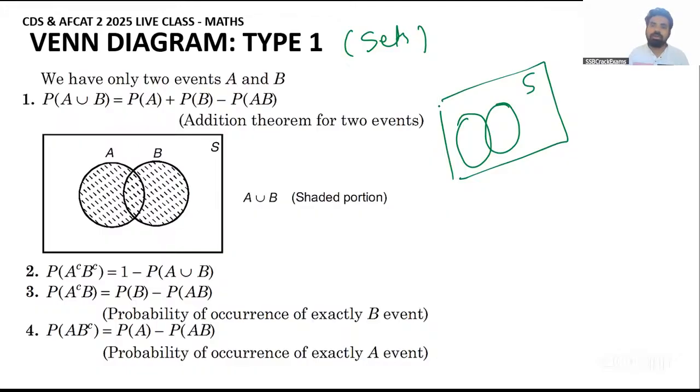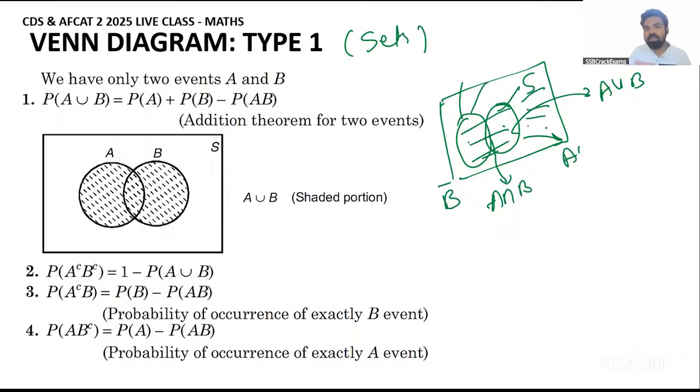The part coming in the intersection is called A intersection B, and the complete part is called A union B. The part outside A is A complement, the part outside B is B complement, and the part outside both of these is A union B complement.